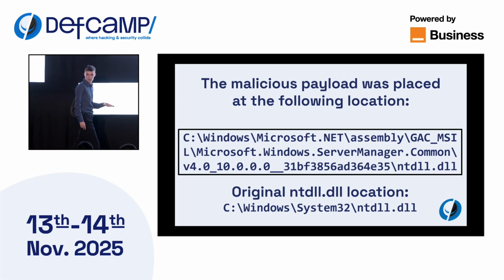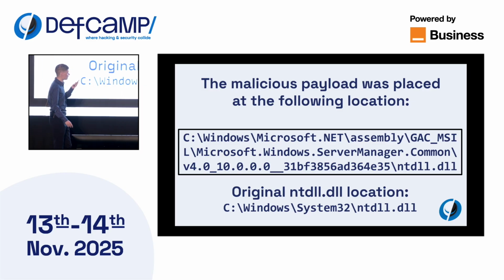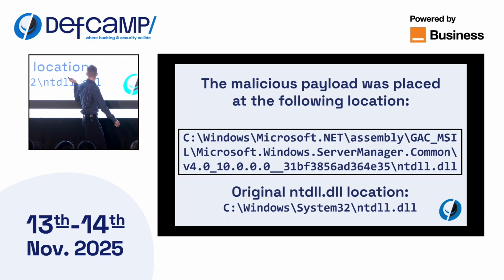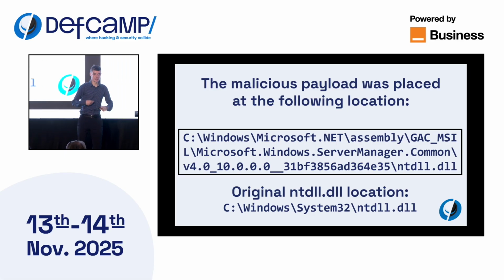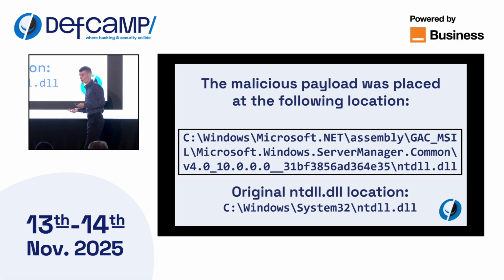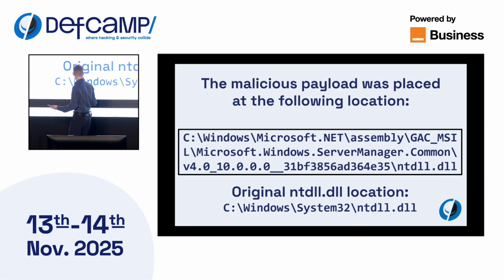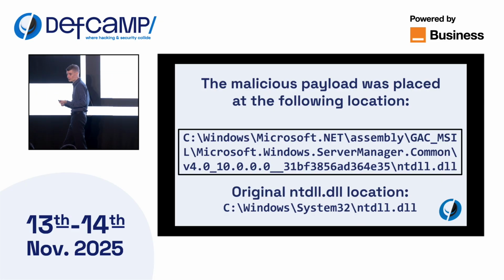The malicious payload, they put it in the following location: C:\Windows\Microsoft.NET\something, and the name of the file was anti-DLL.dll, while the original anti-DLL.dll, which is a system library, should be located in System32.